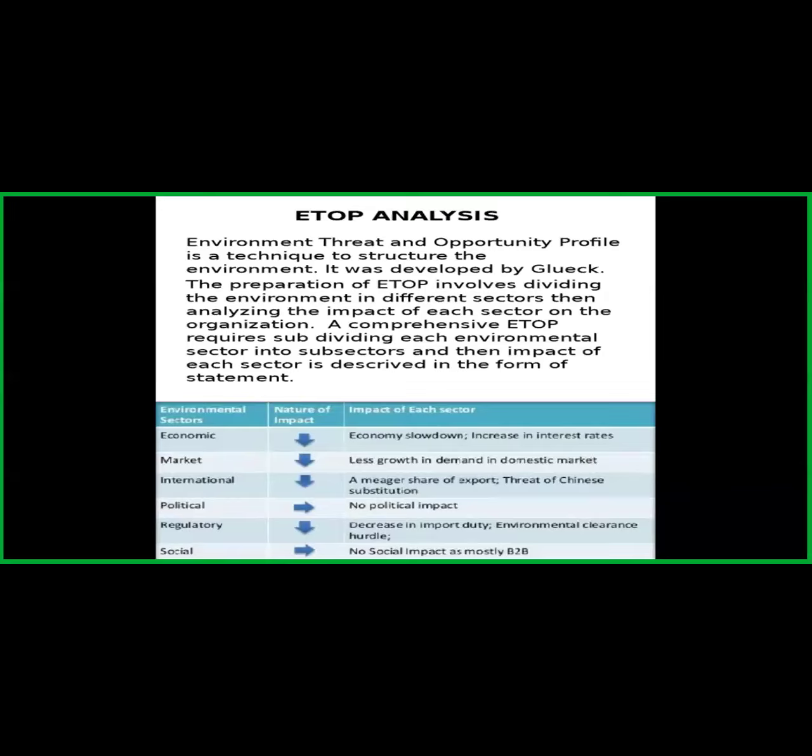At that time, the government decided that we are going to impose more than 100% import duty, and that was where the Indian two-wheeler market could survive because of that particular decision. So that is again a threat.